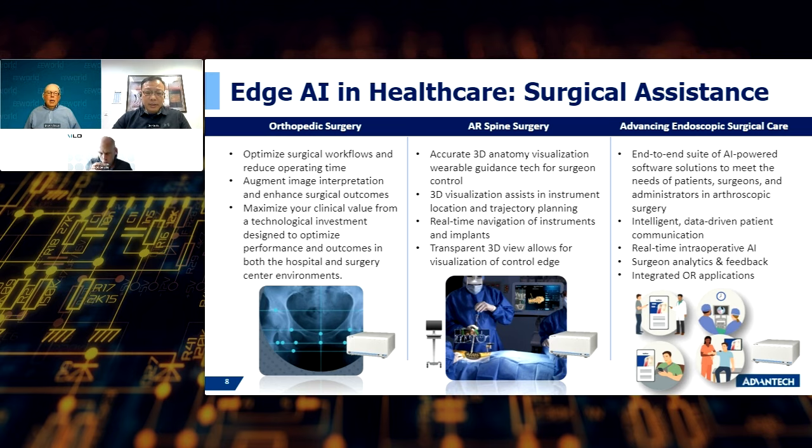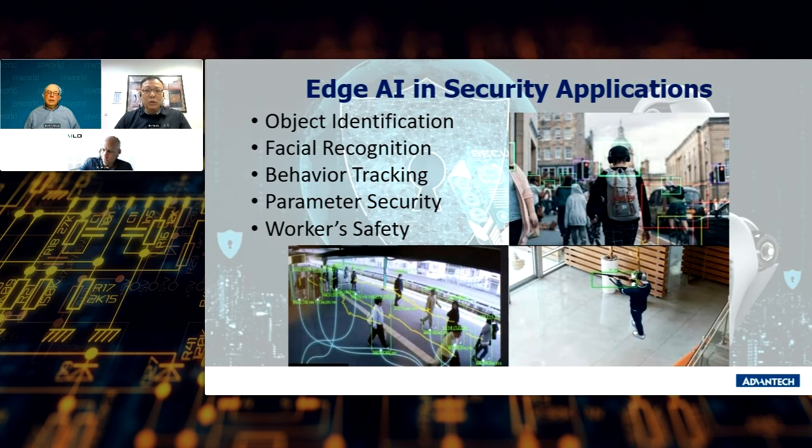Then let's take a look at the next example, which is security, which also resonates with what DC has mentioned earlier. We have an actual real working relationship with Hailo right now in the security application. The application, quite frankly, is in the sense of object identification. Security is going to scan your body, scan your belongings, whether or not you're bringing anything dangerous, whether or not you're bringing something that is acceptable.